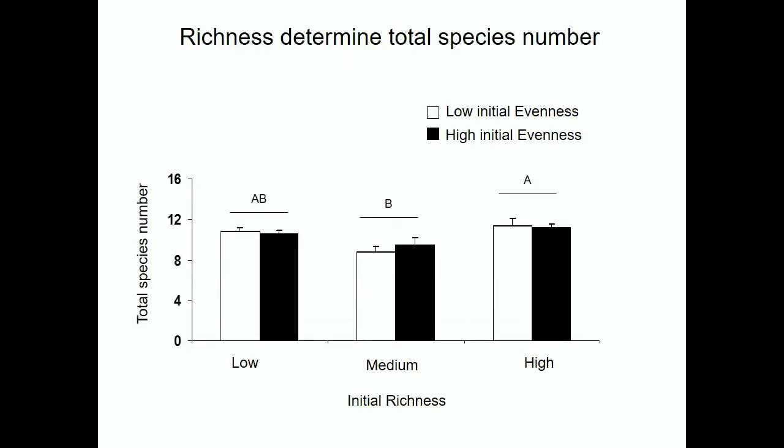And then for total species number, like the total amount of species coming into the community, we again saw that richness mattered, but not evenness. And there was a difference here between the high and medium treatments of richness, but no interaction with evenness.